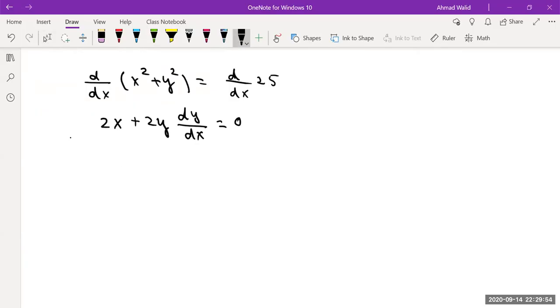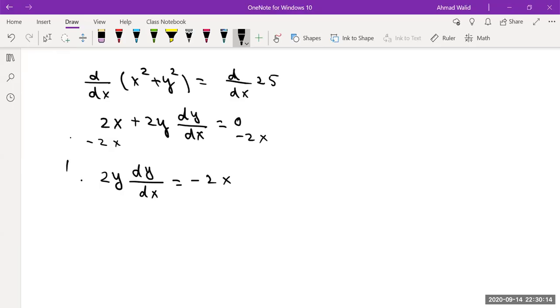Let's solve, step 2, for dy dx. Then 2y dy dx equals positive 2x. If you subtract 2x from both sides, on the other side you get negative 2x.